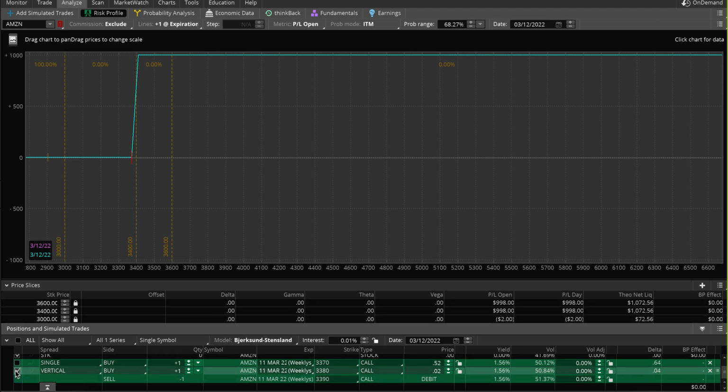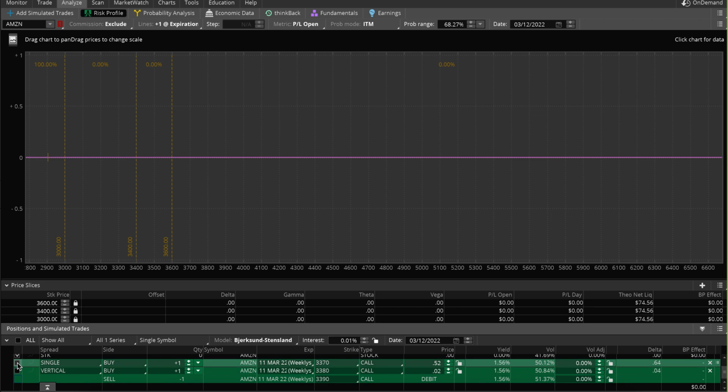Now let's look at the differences in fluctuation when it comes to theta.